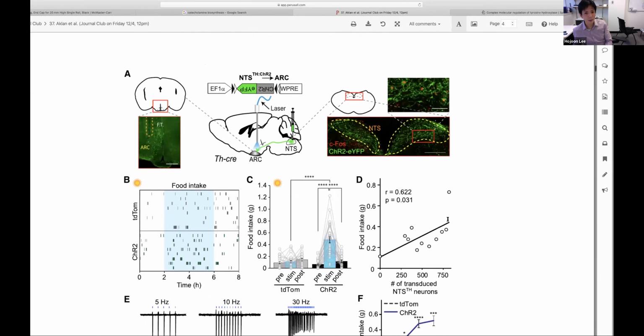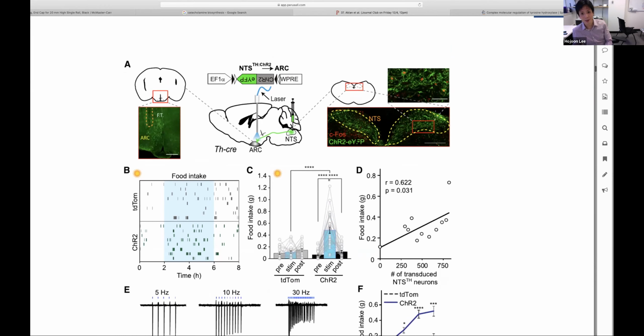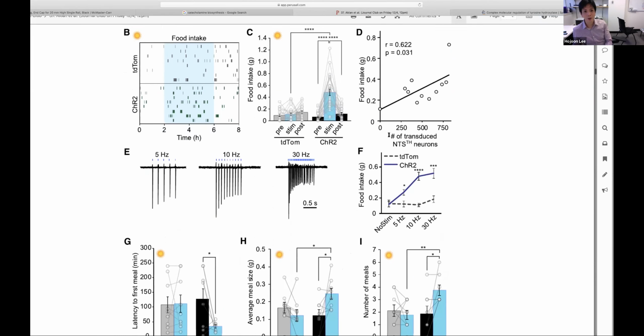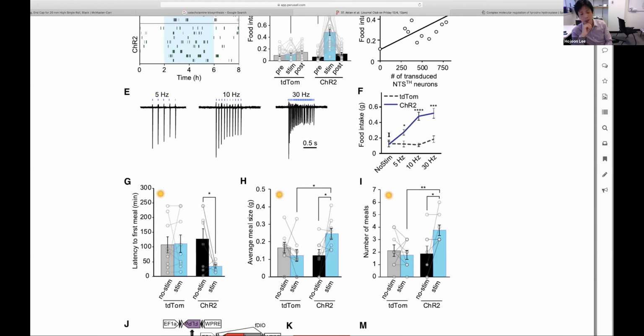Yeah, channelrhodopsin has the EYFP fused to it, so you can look at the green or yellow cells, yellow fluorescent protein. So they would be patching onto the yellow cells, and then have an optical fiber that would shine blue light in pulses while they're essentially patch clamping. So that's what they're measuring here.